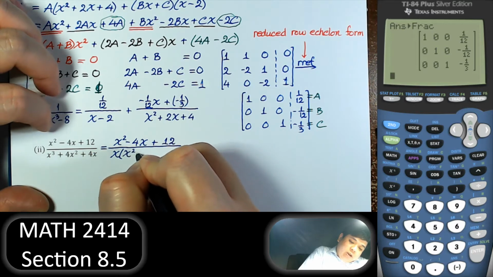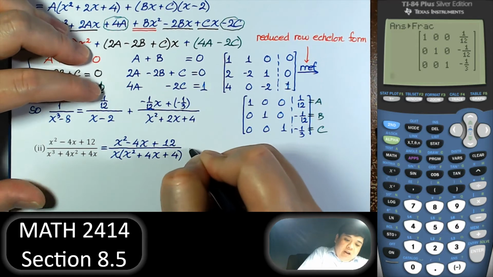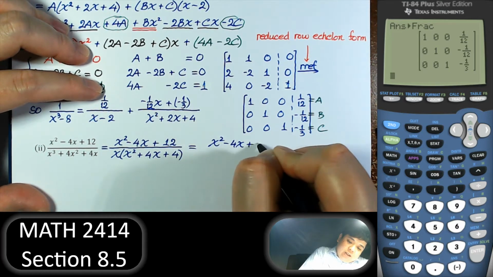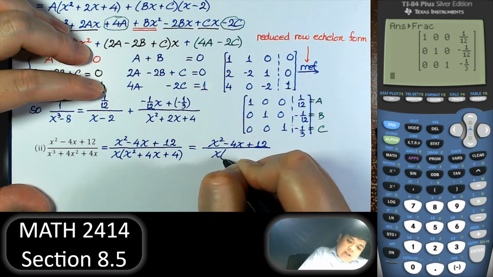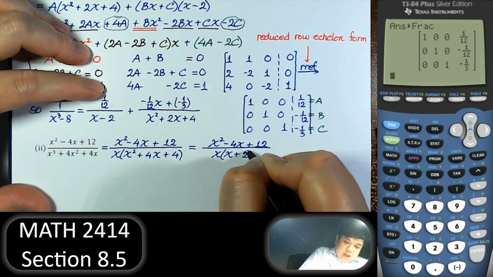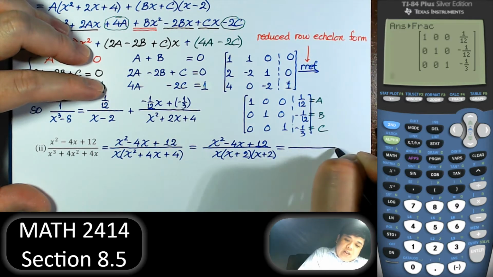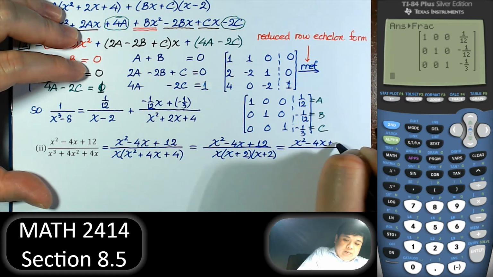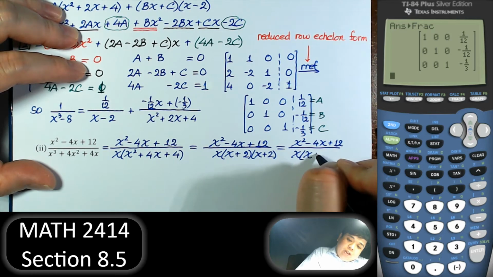So we have x squared plus 4x plus 4, which can be factored as x plus 2 and x plus 2, or we can write as x plus 2 squared.